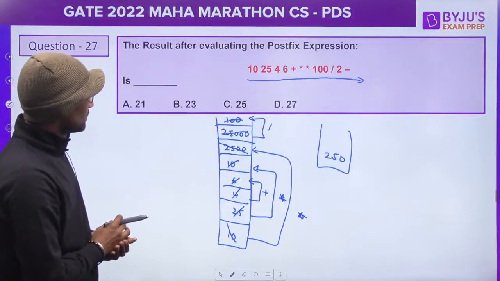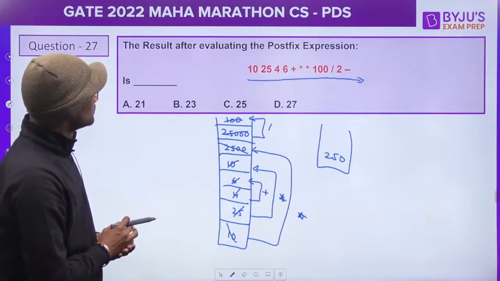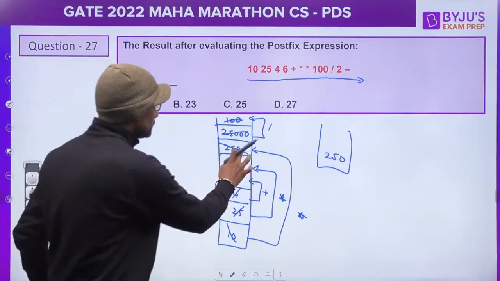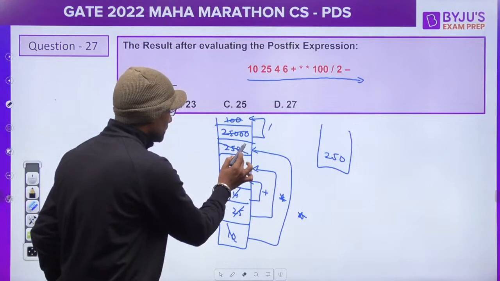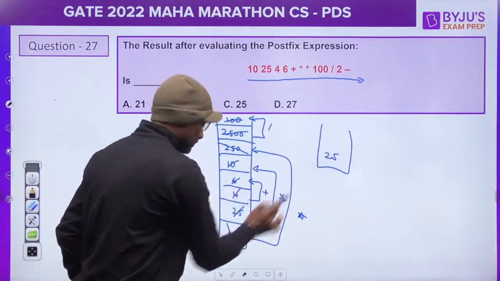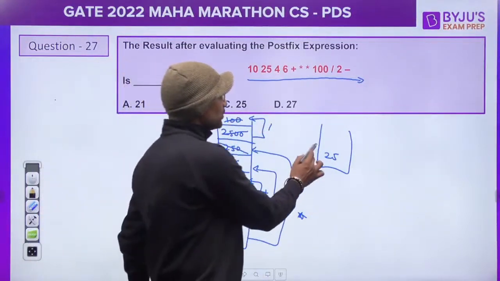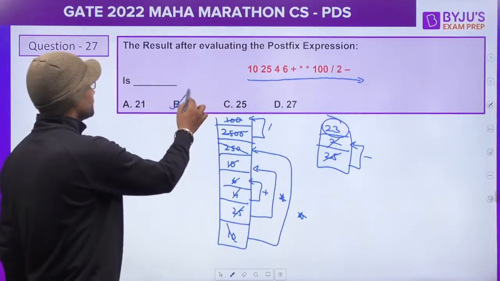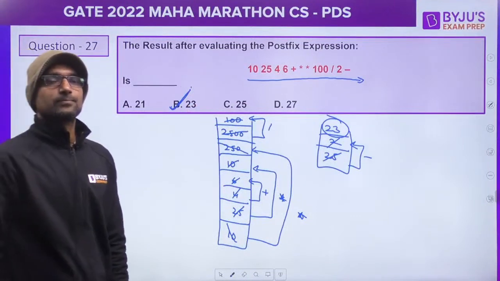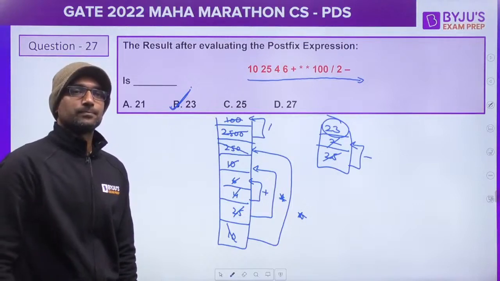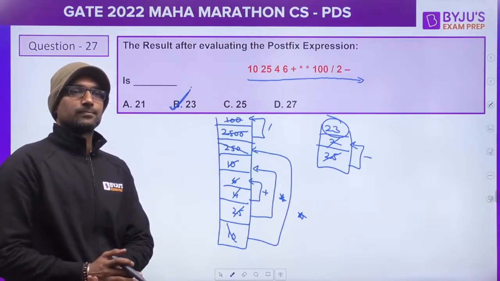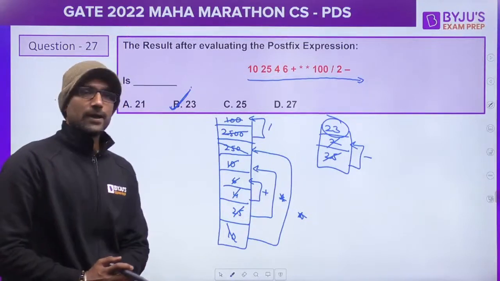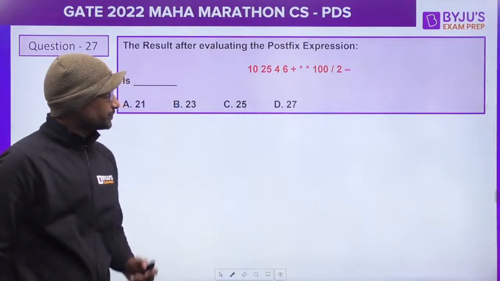Then I have 2, then minus. So 25 minus 2, 23 is the result. Okay, good. Next question.